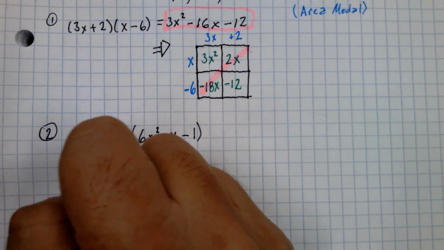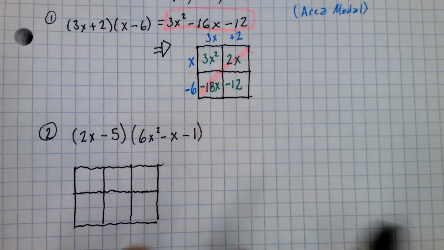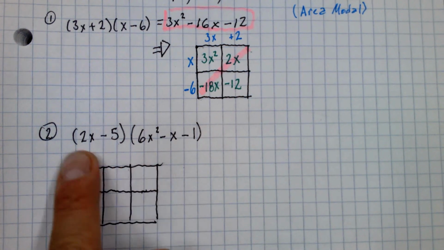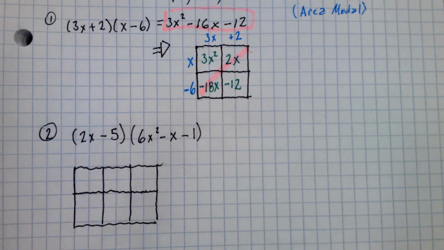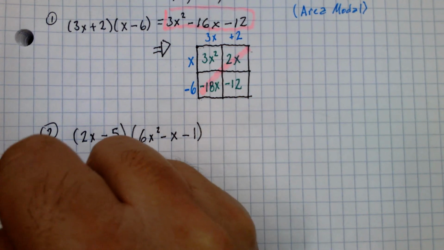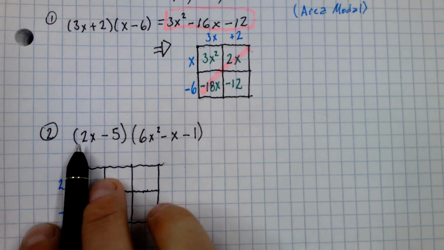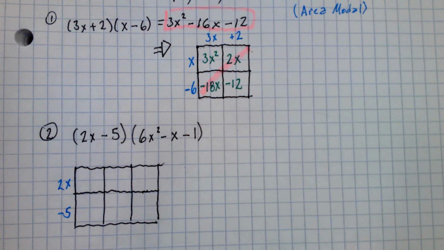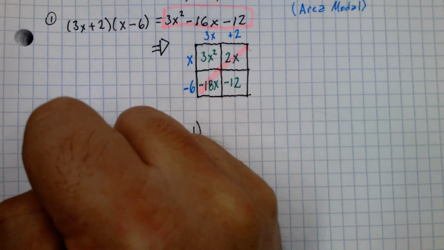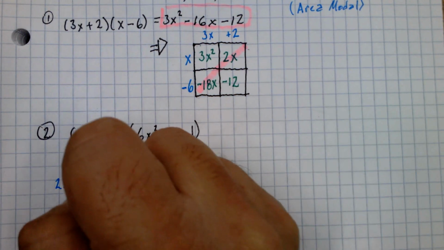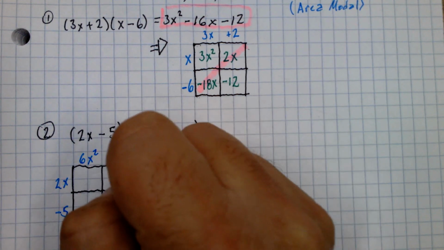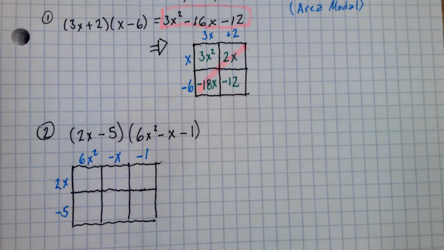Again, if you have a longer one like this trinomial, that's going to go on top. And the shorter one, the binomial values, are going to go here. So let's fill it in. I'm going to put 2x here, negative 5 there. Okay, and you just got those from there. And over here, I'm going to put 6x squared minus x minus 1. You're just placing each of the terms there.